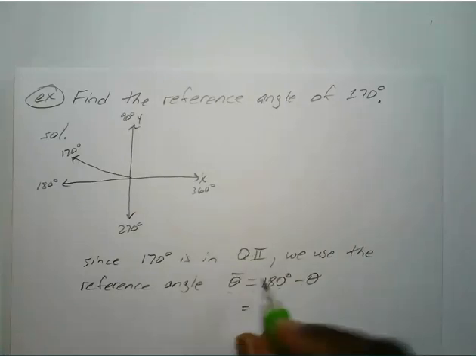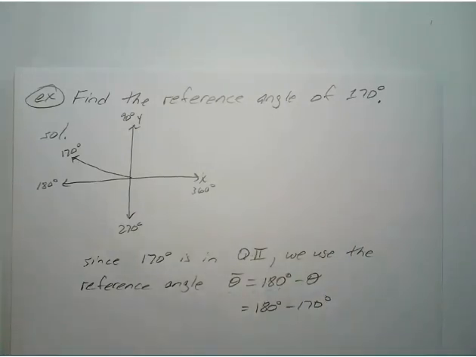So that's going to equal 180 degrees minus 170 degrees, since that's our theta. Again, it could be t, it could be theta, same thing. So our reference angle is going to be 10 degrees.